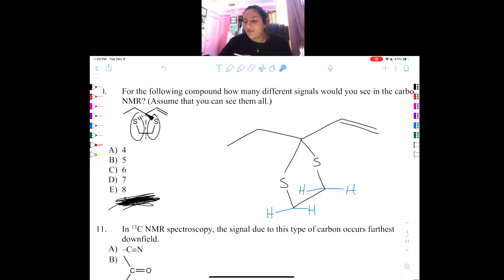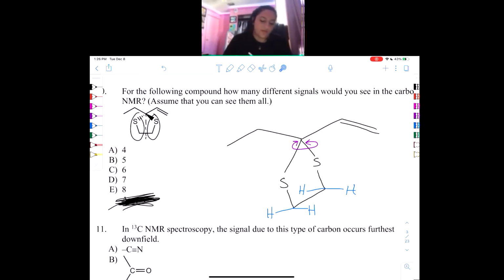Wrong. I kind of struggled with understanding that, but basically the difference here is that we have free rotation. This is spinning all the time, which means all of these hydrogens are going to see the entire environment at all times.